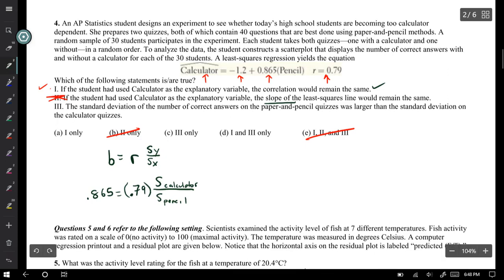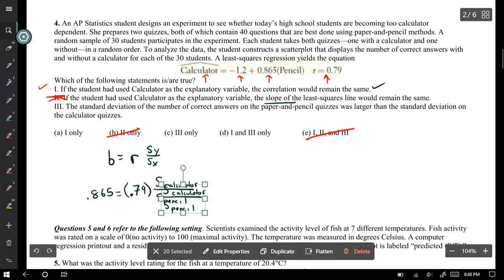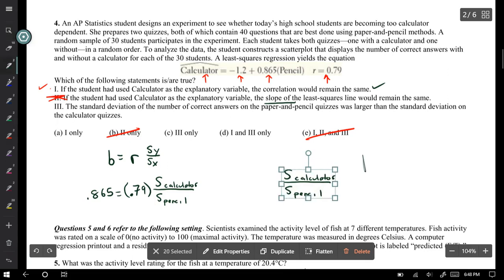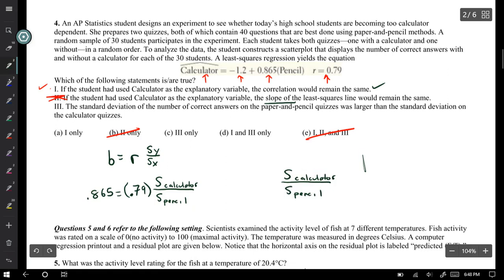Well, if I go ahead and calculate this, and I want to solve for this fraction, the standard deviation of the calculator over the standard deviation of the pencil, maybe that will help me. So I'm going to divide 0.865 by 0.79, which is approximately 1.095, which you think, how does that help me?